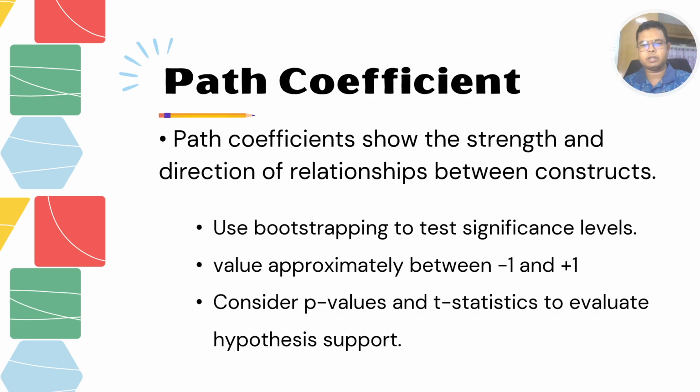So using the path coefficient, we can do it. Use bootstrapping to test the significance level, right? The value of the path coefficient is approximately between -1 to +1, and we will consider the t statistics and p value to evaluate the hypothesis. Okay.